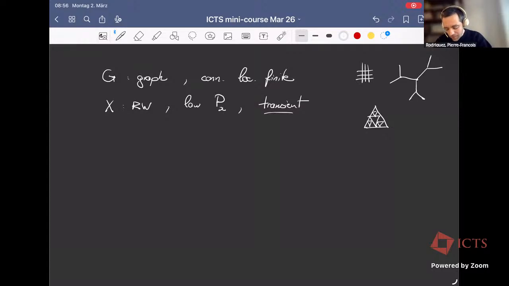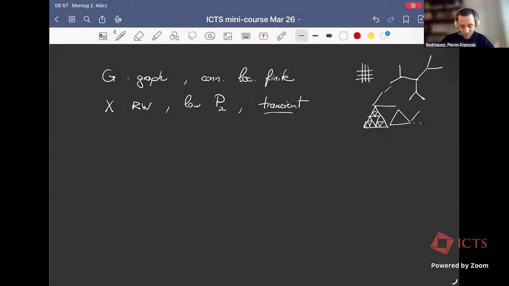You think of this as growing in this way, and then you run a random walk on the vertices of this graph. It turns out that the Sierpinski gasket itself is actually recurrent, but if you give it a little thickness or replace it by a higher dimensional fractal, then it will be transient. Okay, so here's your graph. It's transient, and that's all I'm going to need for today.